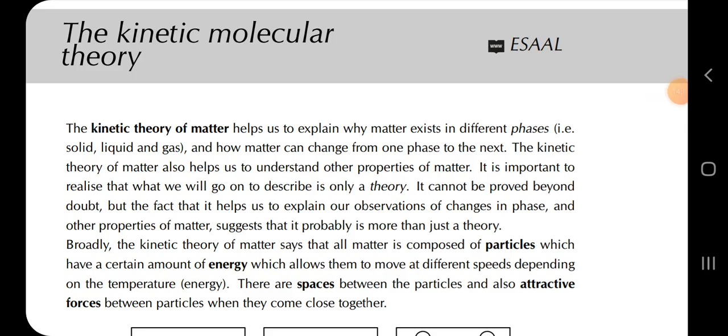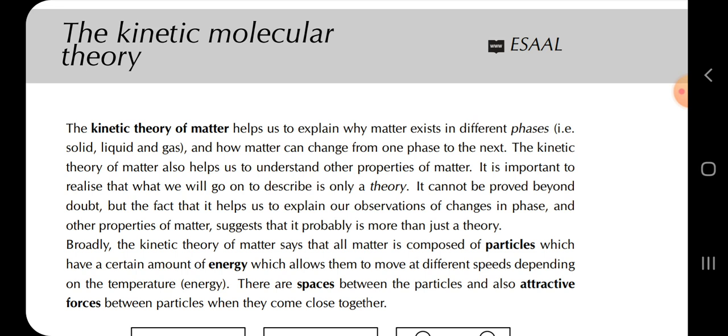So we use the kinetic theory of matter to help us to explain why matter exists in different phases. Okay, solid, liquid, and gas, and how matter can change from one phase to the next. The kinetic theory of matter also helps us to understand other properties of matter.